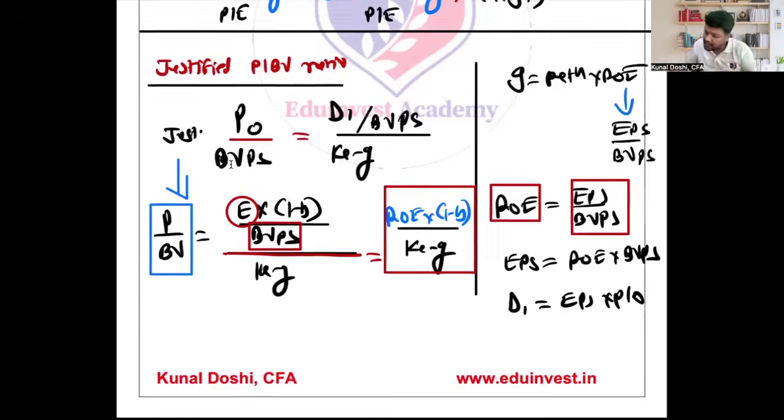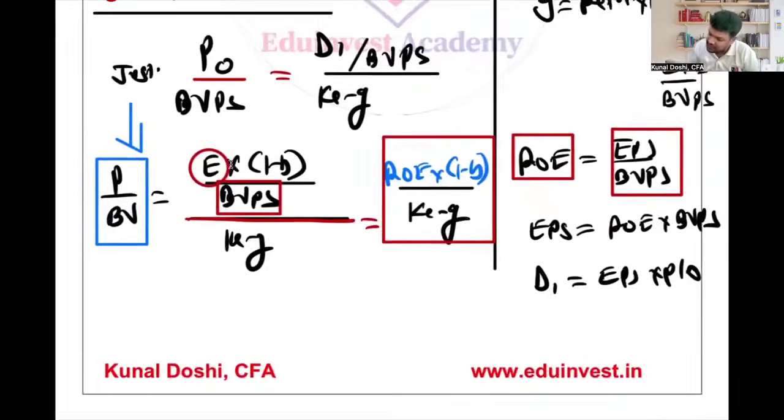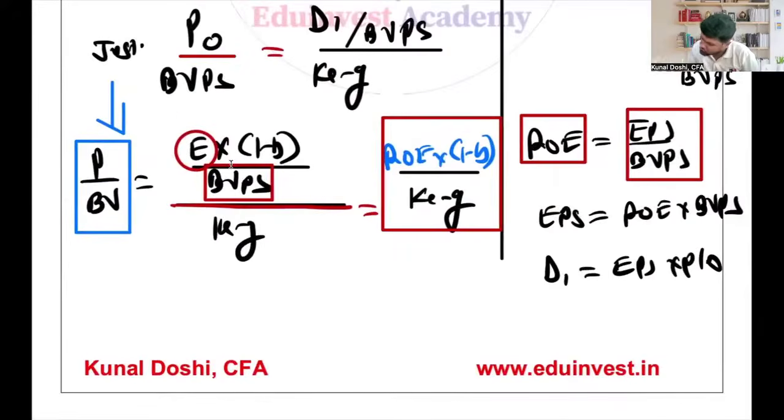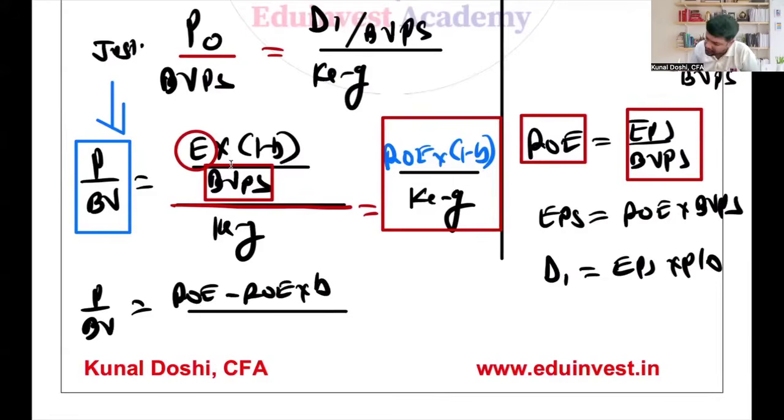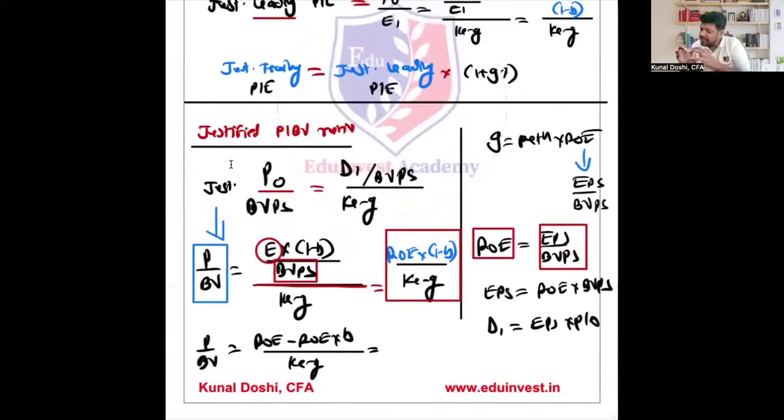This can further be expanded also. Very interesting. What is my price to book value now? Check out this. I have ROE. I will expand: ROE minus ROE into B over cost of equity minus growth. Now, what is ROE into B? What does the B stand for?